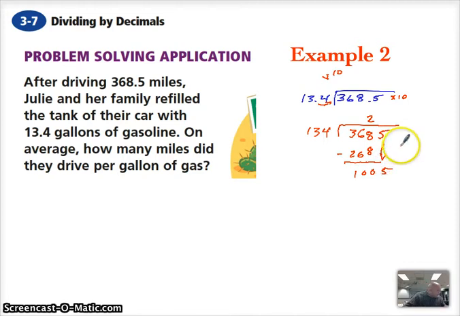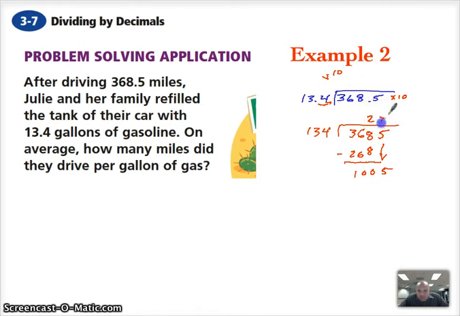When we bring down that 5, we know that it's going to be a bigger number that we're trying to get into. So let's try. We know that 10 times 134 is 1,340, so that's too big. We're going to take a guess here.